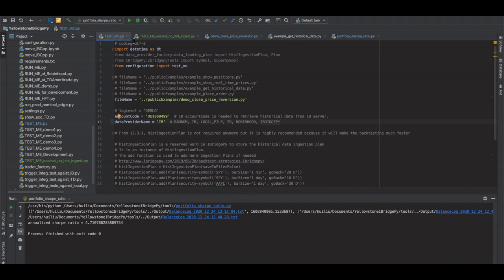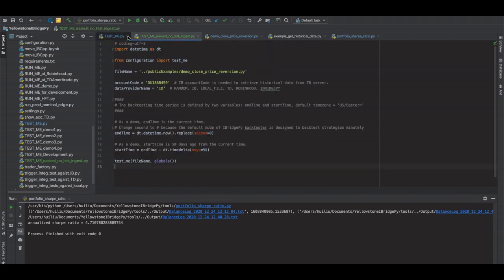Actually, as a demo, I have another file called test_me easiest no hist ingest, and you can copy this file to test_me.py and just use it, but as a demo, I copied test_me.py and removed a lot of lines there to make it a very simple scenario. Okay, open this one. You can see this file is pretty straightforward.